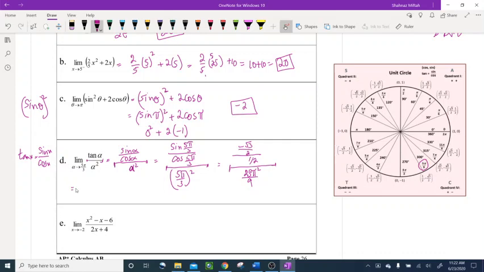So I have equal negative square root 3 over 2, and I'm changing this division into multiplication, and I do the reciprocal of that one, which is 2 over 1. And that one, let's leave that one in the bottom. Let's figure out the top portion first, okay? And I have 25 pi squared over 9.